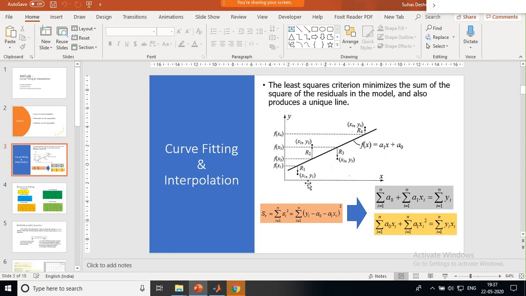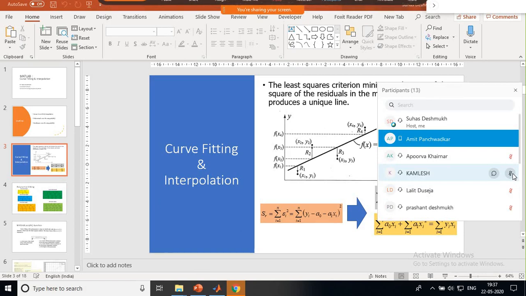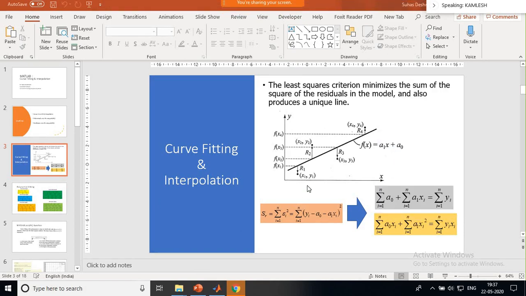When some errors are positive and some are negative, just imagine a positive error is 5 and a negative error is again 5. When you add them, the sum will be 0, and you can't process it further.